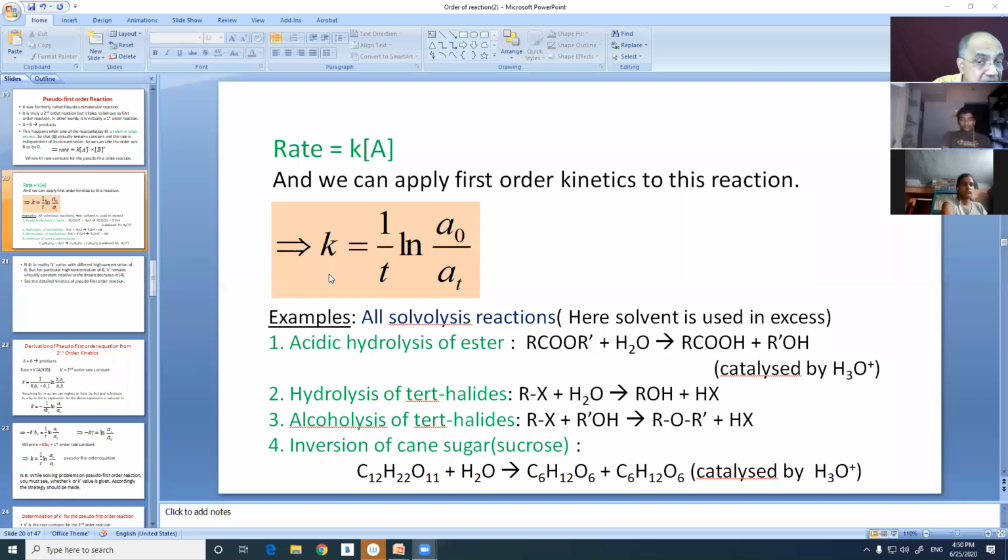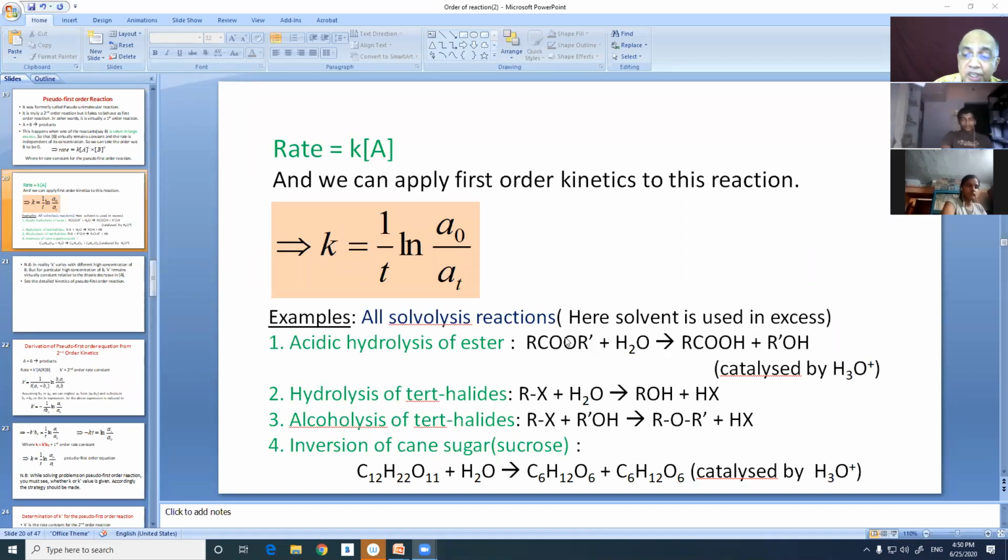But mind you, this K is the first order reaction rate constant, not second order. Not second order.